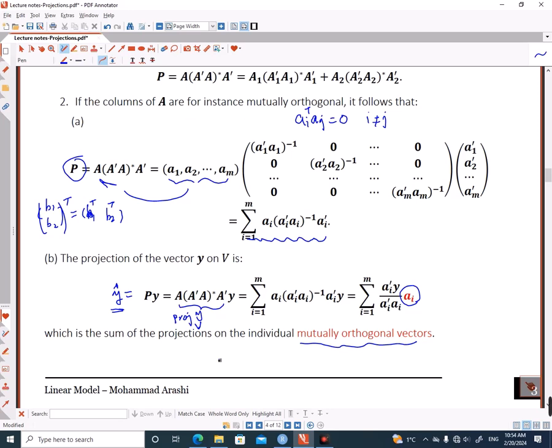So you see the application of projection matrices, and why we are insisting on finding a better representation for projection matrices in order to get simple formulas. I can use it in future and write the estimate as the sum of projections on individual vectors.